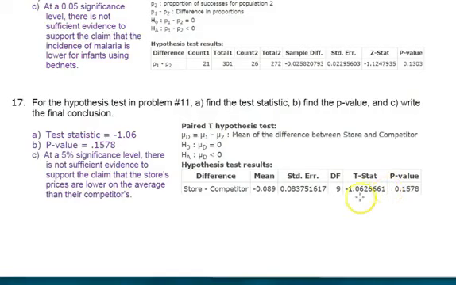My test statistic is negative 1.06. My p-value is 0.1578. So at a 5% significance level, that's the same as 0.05, my p-value is much bigger than my significance level. That means I have negative results. There's not sufficient evidence to support the claim that the store's prices are lower on the average than their competitors.